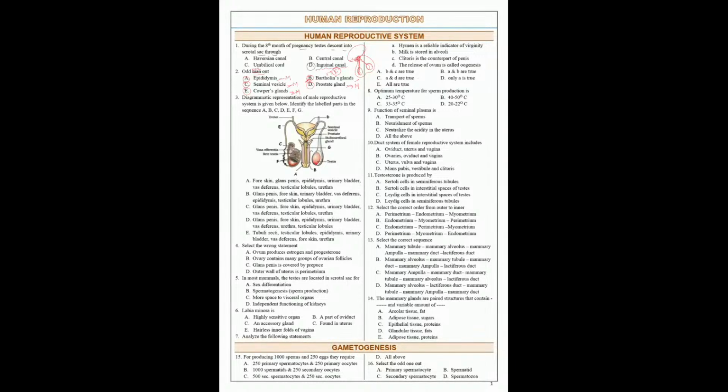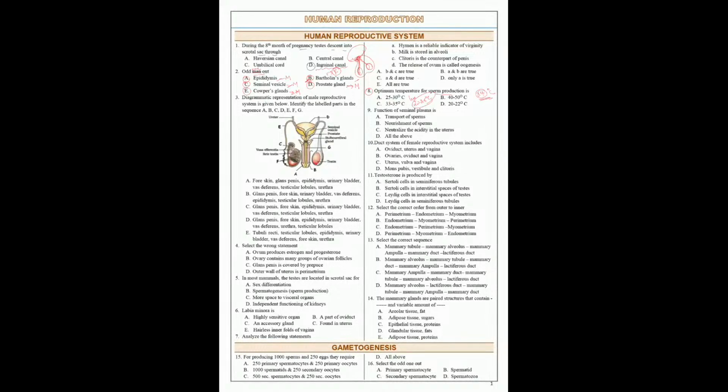We have here the eighth question. The optimal temperature for sperm production is 2 to 2.5 degrees centigrade less than the body temperature. So what is body temperature? It's 37 degrees Celsius.